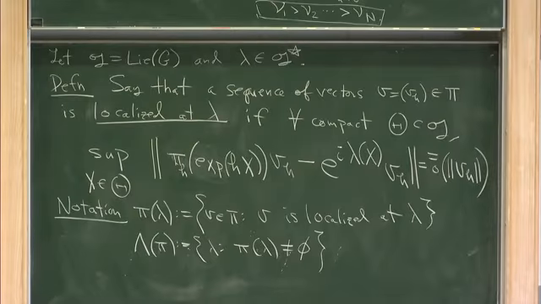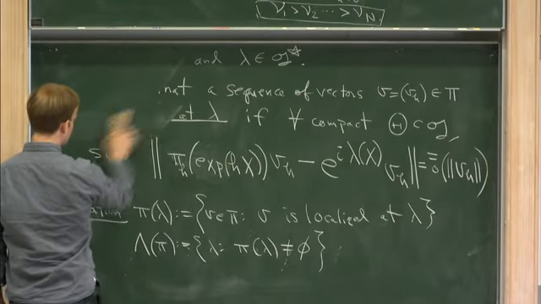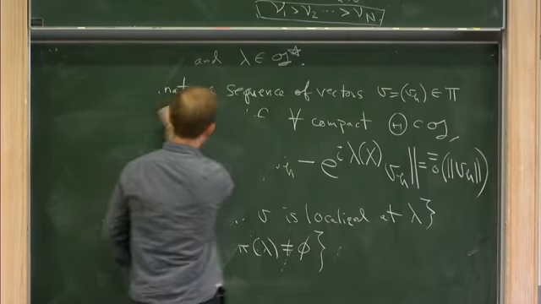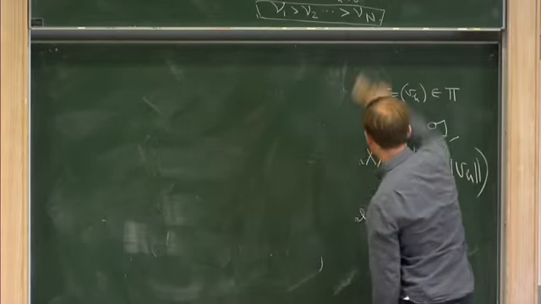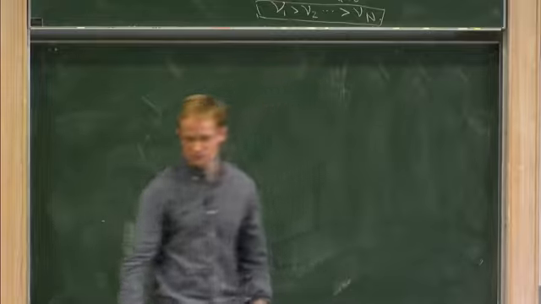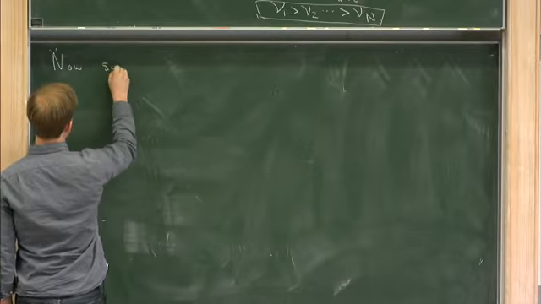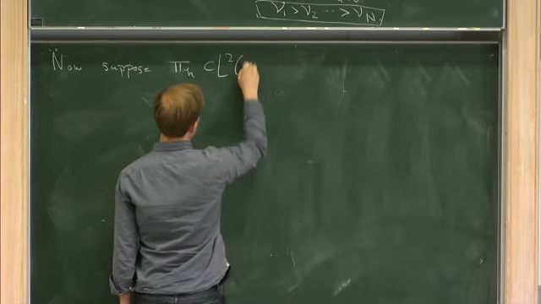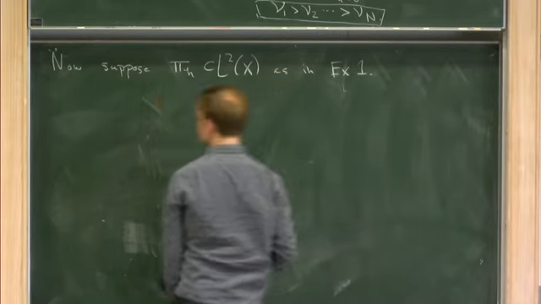And now what I want to do is state some consequences of having a result like this in hand that apply to these cases where we have it, but also show a fairly general implication. So now we're going to return to the case of example 1. So we'll suppose that each pi h is in some L2 of X, as in example 1.